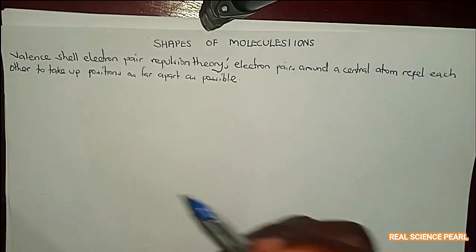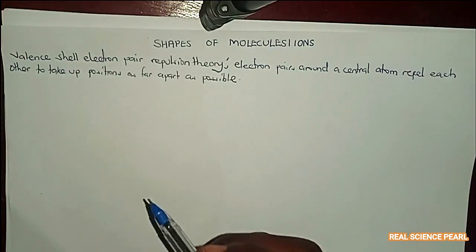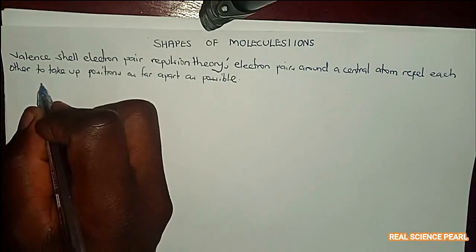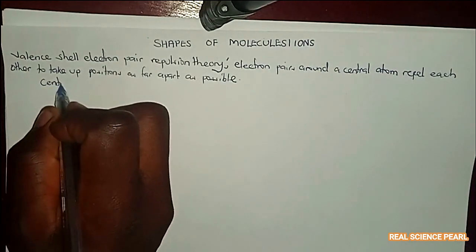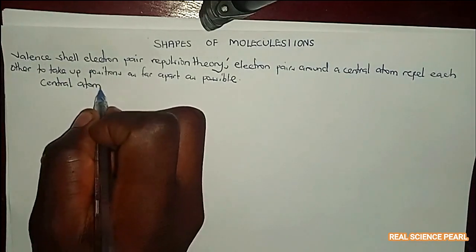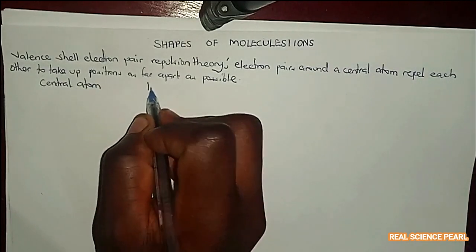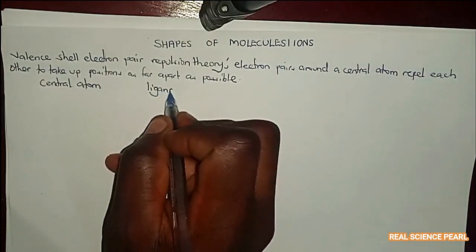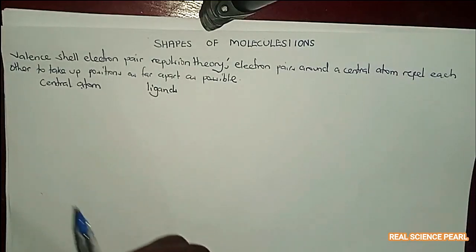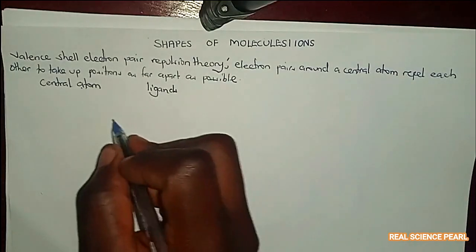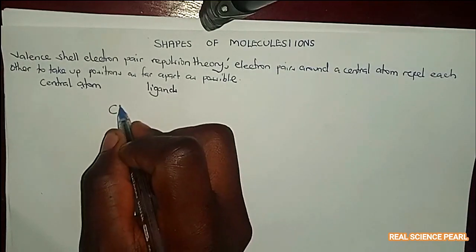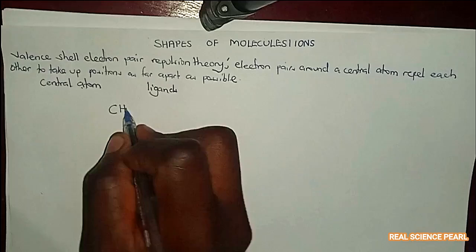So in case we are to come up with a certain molecule, there are some things you are supposed to know. There's what we call the central atom. Then we shall have what we call the ligands. Now the central atom, for example, if I'm to sketch carbon, let me sketch methane.